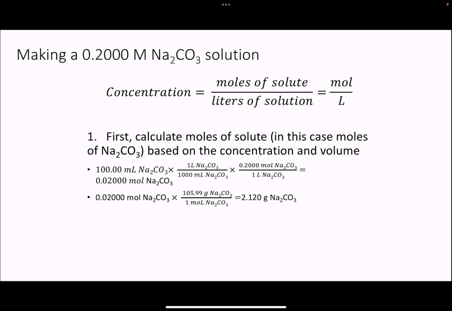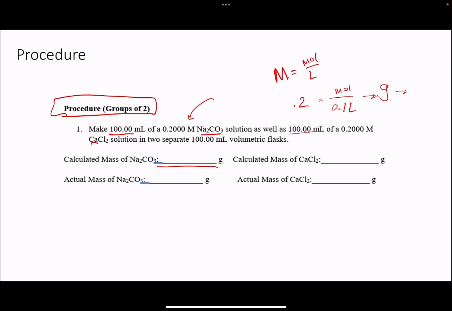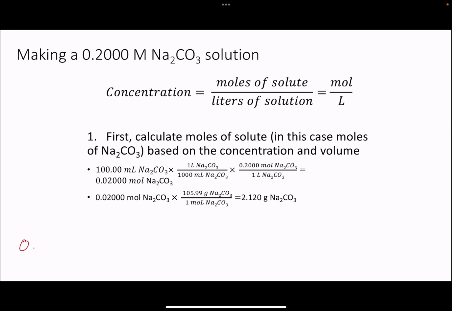The first thing that needs to be done is to calculate the moles of solute. To do that, we need the molecular weight. We have 0.2 molar, we don't have moles, that's what we're calculating, and we have 0.1 liters.